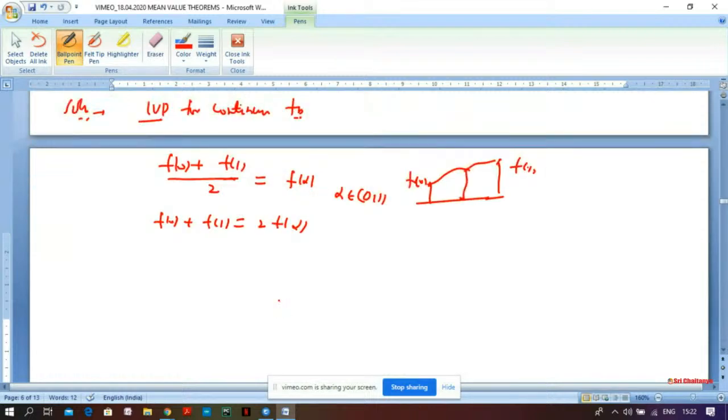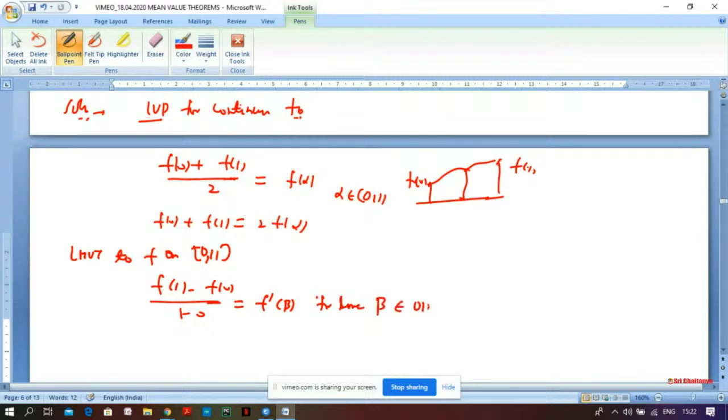Now apply Lagrange's LMVT to f on the interval [0, 1]. On this interval f is continuous and on the open interval it is differentiable, that is given. So (f(1) minus f(0)) by (1 minus 0) should be f prime of beta for some beta belonging to (0, 1). So f(1) minus f(0) equals f prime(beta).